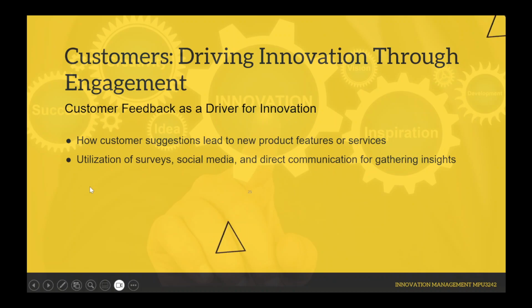So we can use surveys, social media, and direct communication to gather insight. This idea has been introduced in Toyota, where their engineers are encouraged to go outside and ask the user or their customer what problems they have in dealing with Toyota cars.